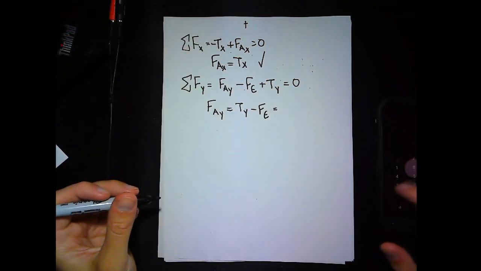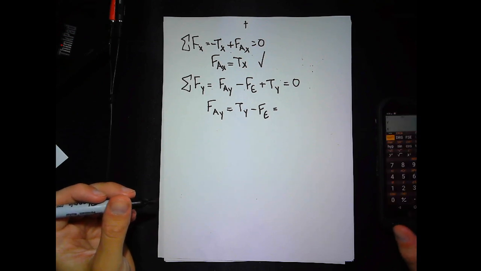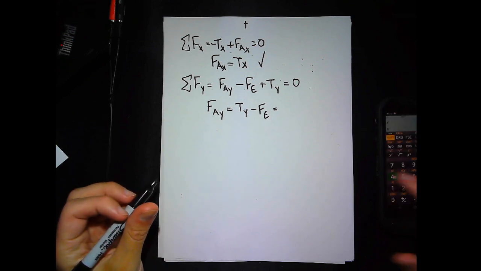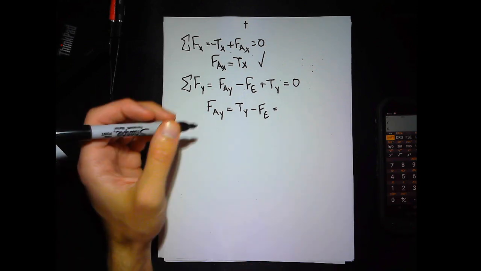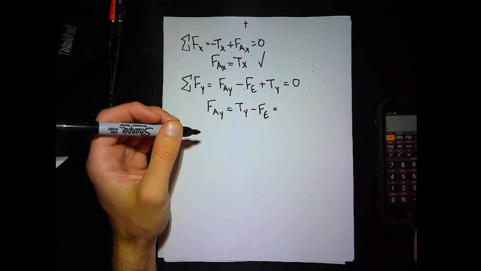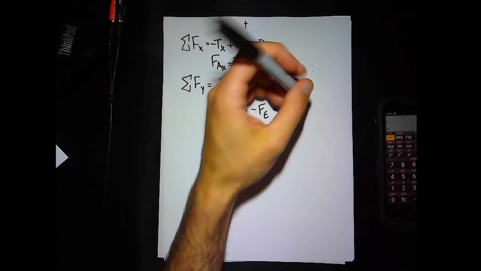If I do the math, Ty is 2.4 kips, Fe is 3.5 kips, which means I'm looking at negative 0.9 kips.